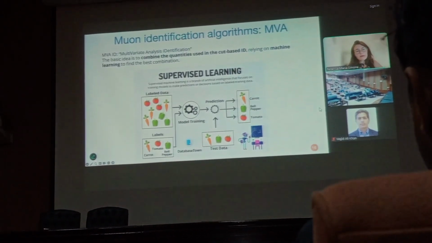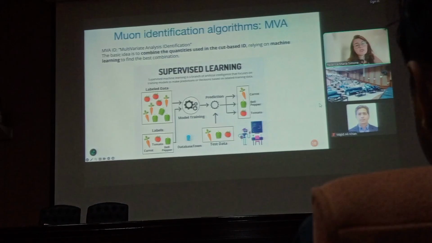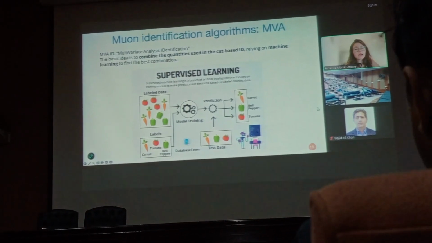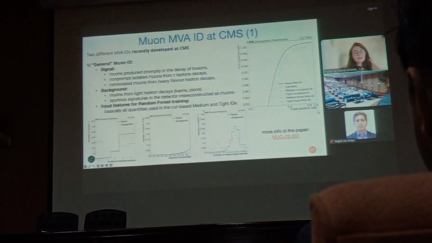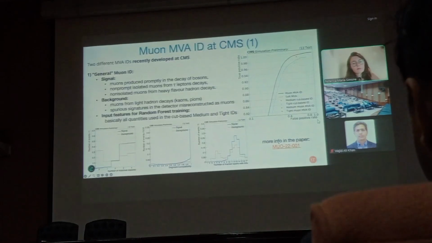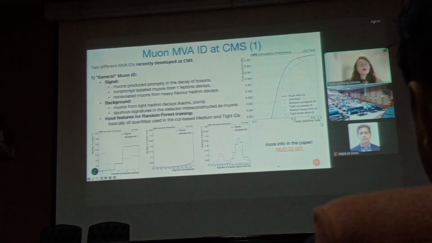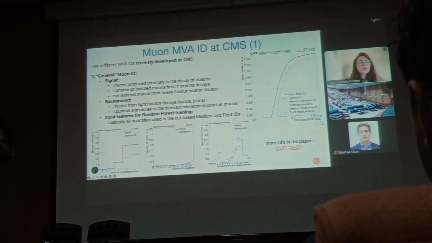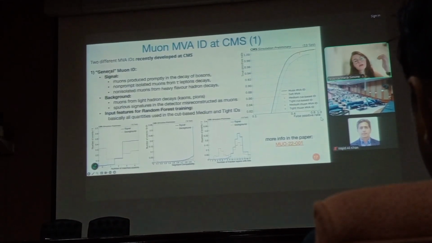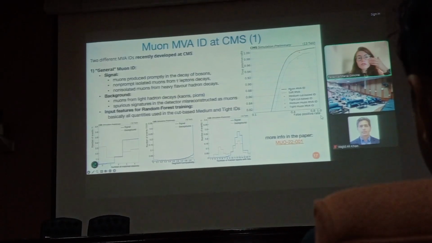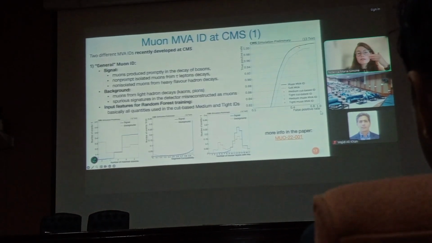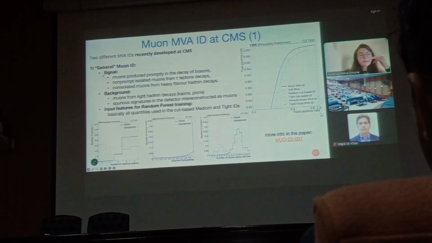And so in terms of machine learning technologies, we use quite simple things. We recently published this paper where we document the development of two different MVA IDs. One, we can call it a general purpose. So in this plot it is called the muon MVA ID.